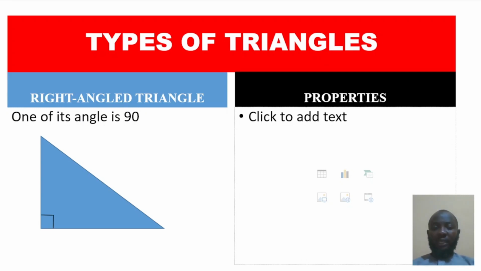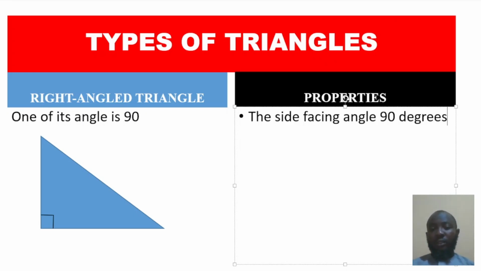We are going to use this property subsequently. The side facing the 90 degree angle is called the hypotenuse.